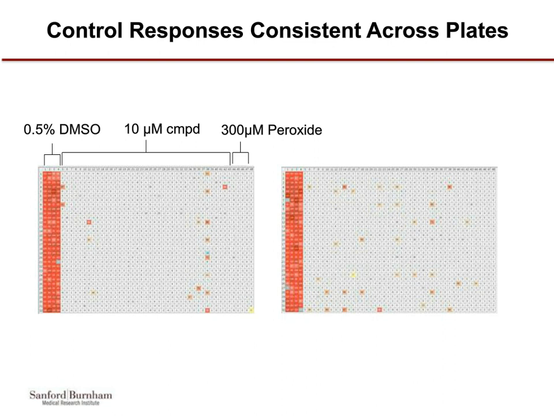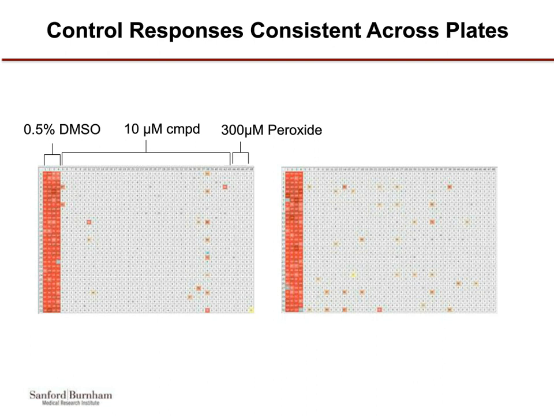We have 10 micromolar single point concentration of test compound across the plate, and the last four rows or columns have 300 micromolar peroxide as our negative control, which essentially kills almost all of the cells. And so the test compounds are in the presence of the 300 micromolar peroxide.